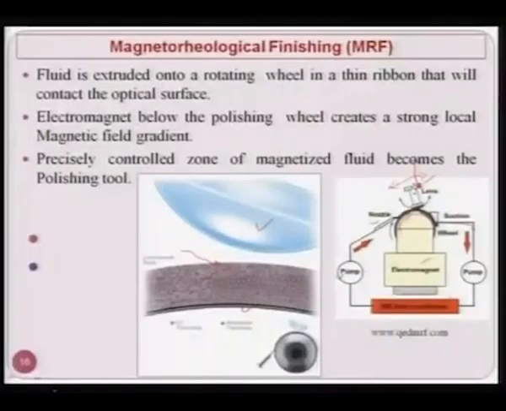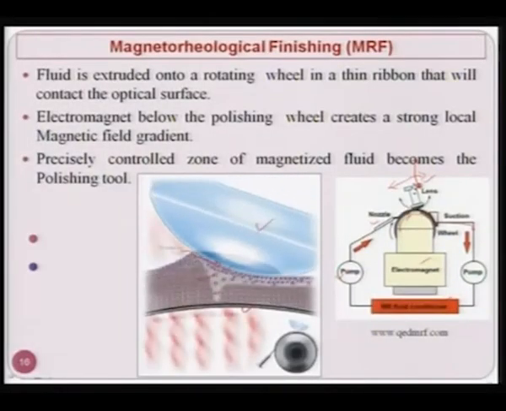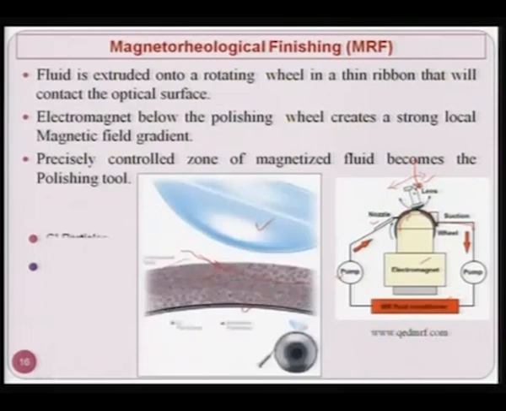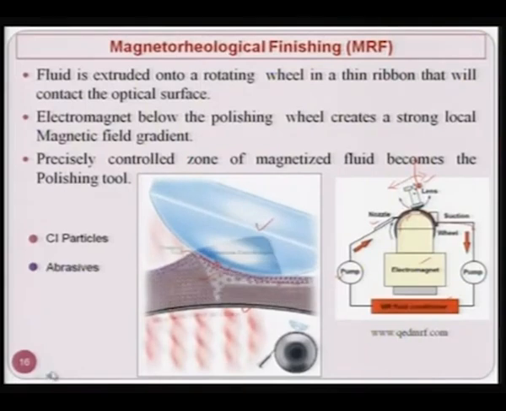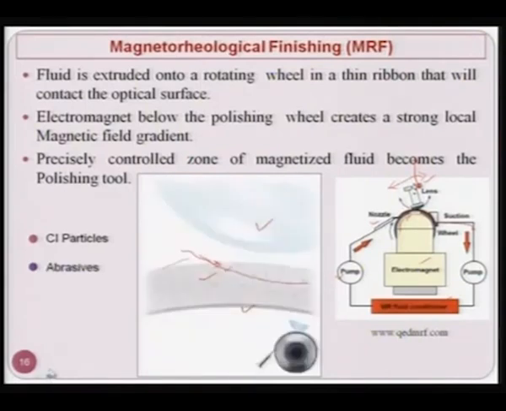Precisely controlled zone of magnetized fluid becomes the polishing tool, and that is what you can see here. This particular ribbon part acts as the polishing tool. Here in this one you can see CIP shown by red color particles, and abrasive particles are shown by another color.